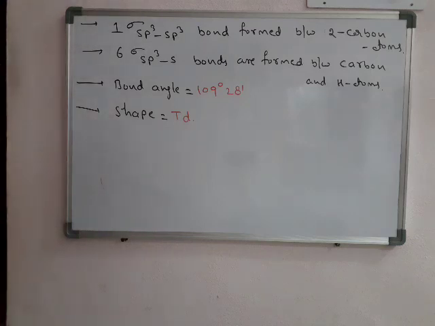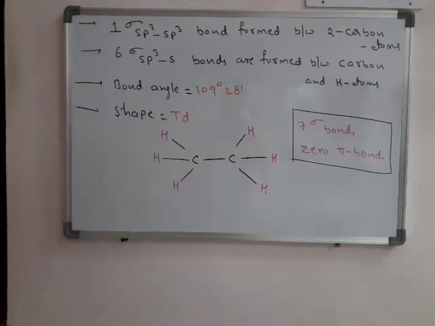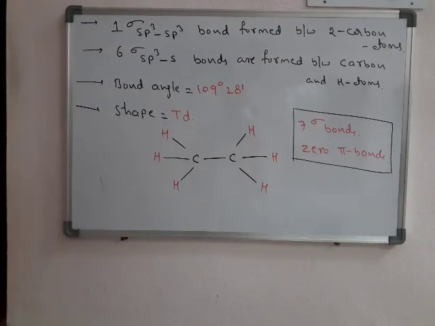So these are other, different examples of molecules in sp3 hybridization. Here see the shape of C2H6. Between the two carbons there is one sigma bond, and between carbon and hydrogens there are totally 6 sigma bonds.